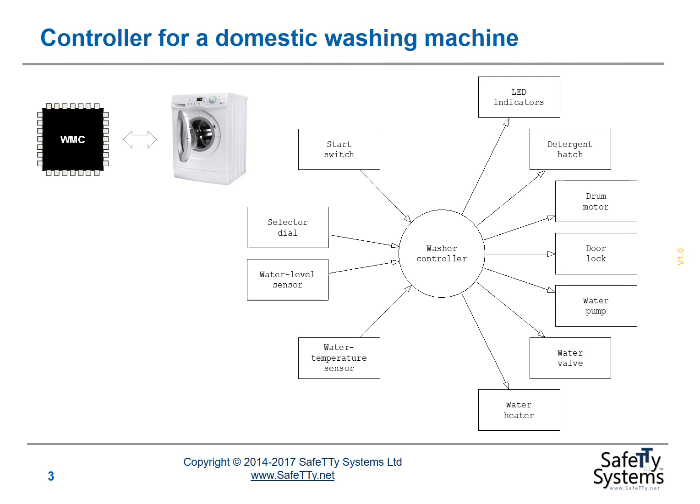So we have a start switch, a selector dial, a water level sensor, a water temperature sensor. We're controlling a water heater, a water valve, a water pump. We're controlling a door lock. We'll say more about that in a few minutes. We're controlling the drum motor, we're controlling the detergent hatch, and we're controlling some LED indicators. Overall, there's quite a lot going on.